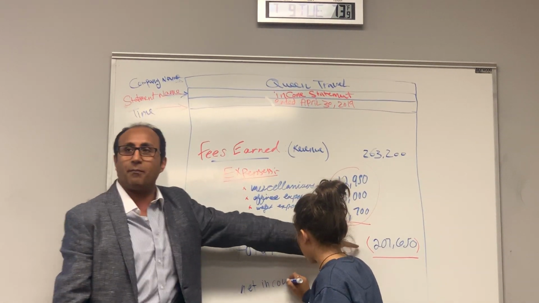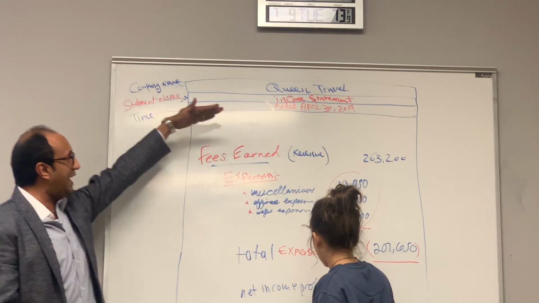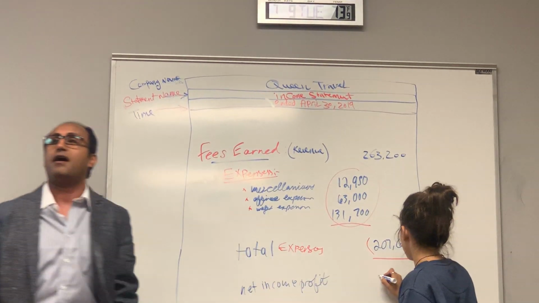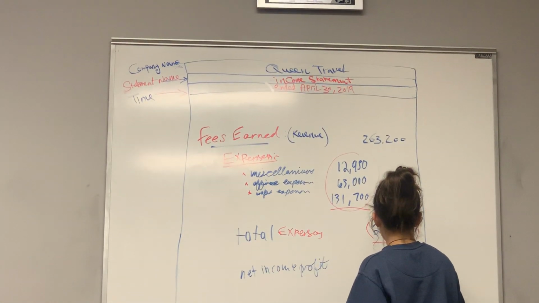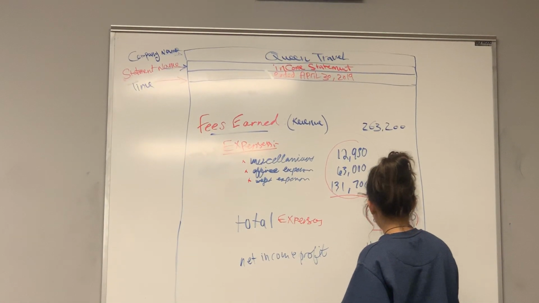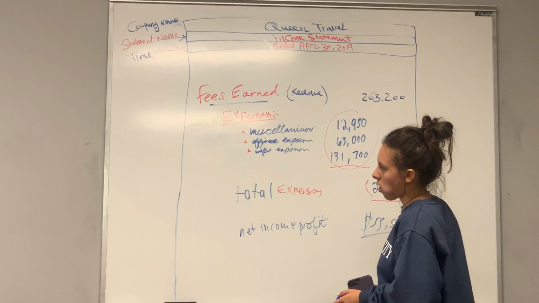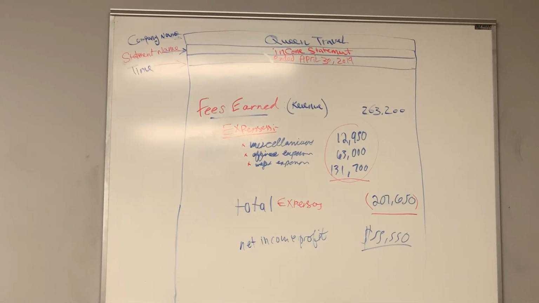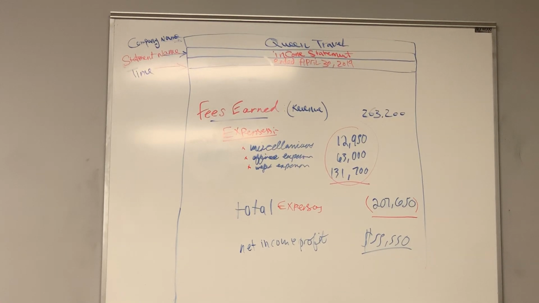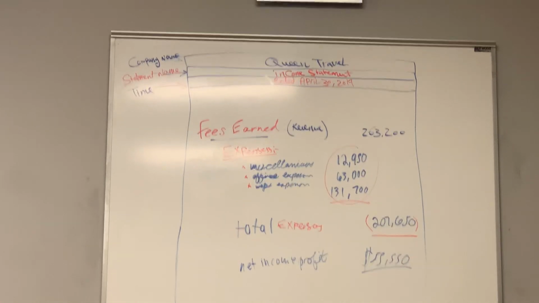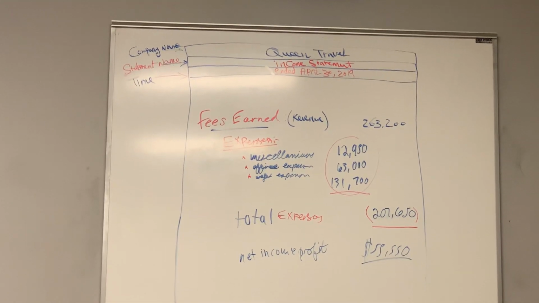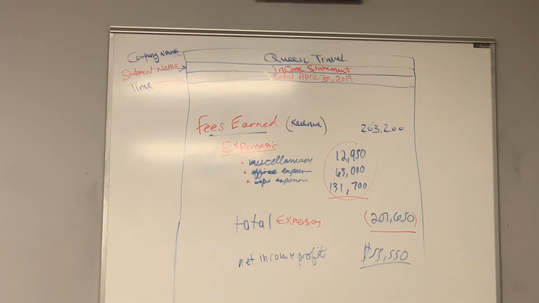What is the total number for expenses? Subtract the total expenses from the total revenue to give you the income statement. Again, repeat. Here, I put fee revenue or fee earned revenue, the number here. And count all expenses, subtract them from revenue.